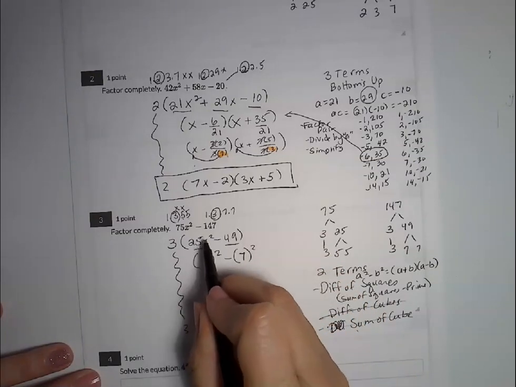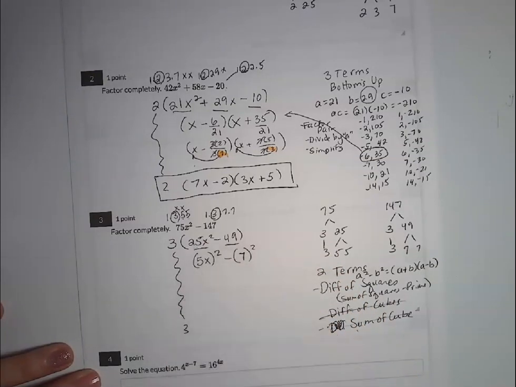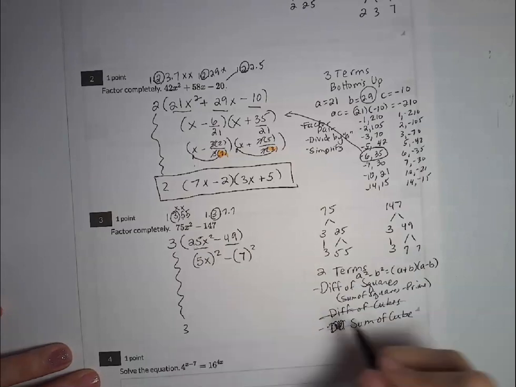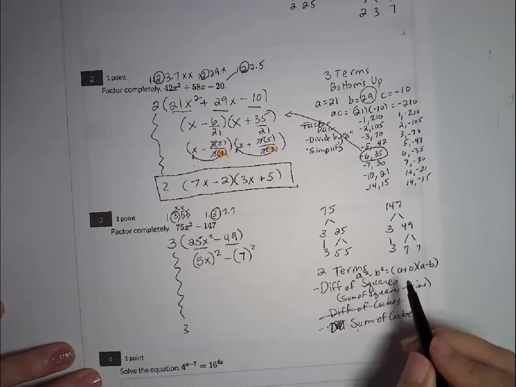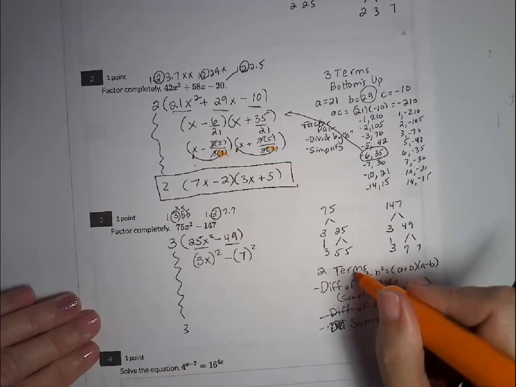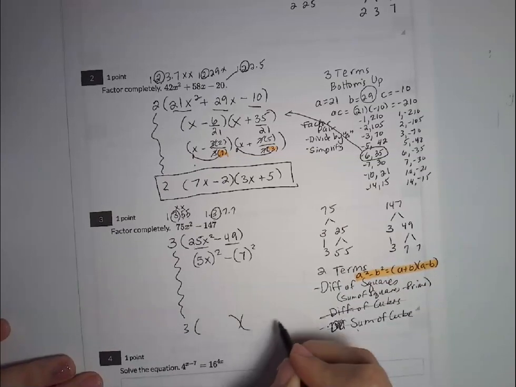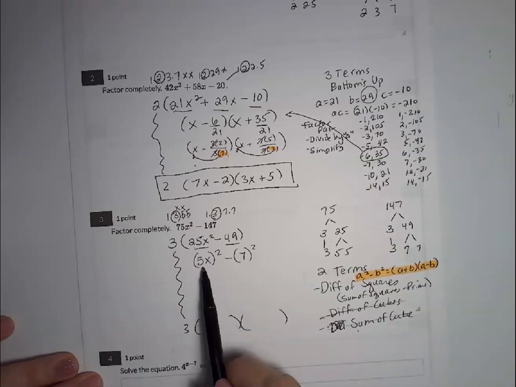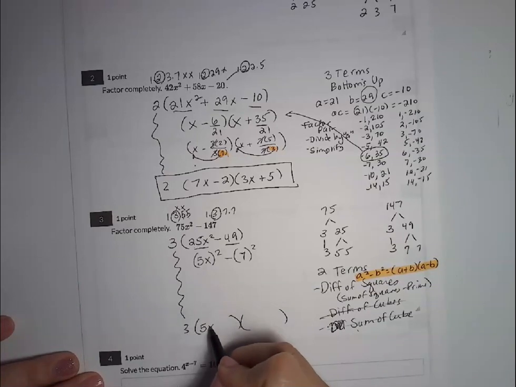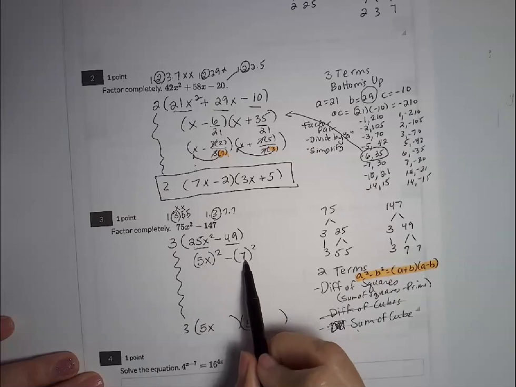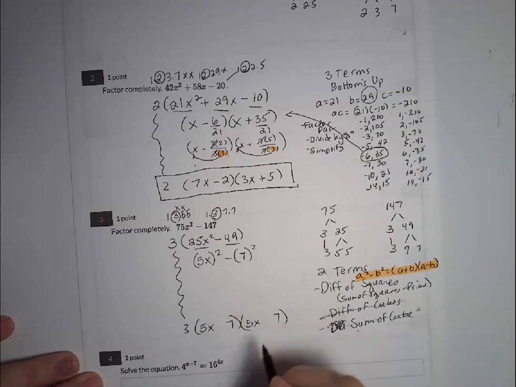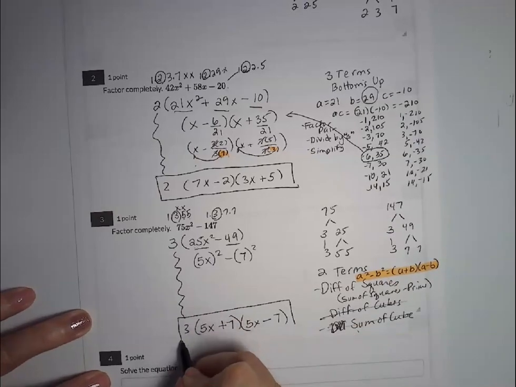And then to get 25x squared will be 5x. So using my rule that I memorize, I make 2 sets of parentheses, and the a goes in the first term spot, and the b goes in the second term spot, and it's a plus and a minus, and that is completely factored.